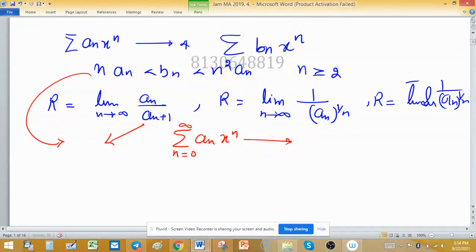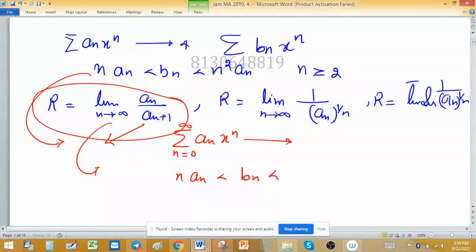So I will use the format r equal to the limit as n tends to infinity of an / an+1 to find the radius of convergence. We have n an < bn < n² an.